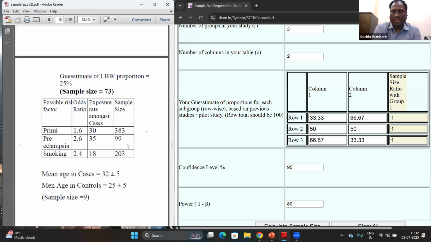Now, I think everyone should be able to calculate the sample size required for estimation of LBW baby proportion, which is equal to 73. How many of you calculated the sample size correctly for the first objective?